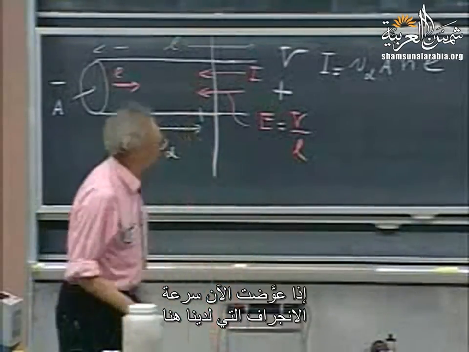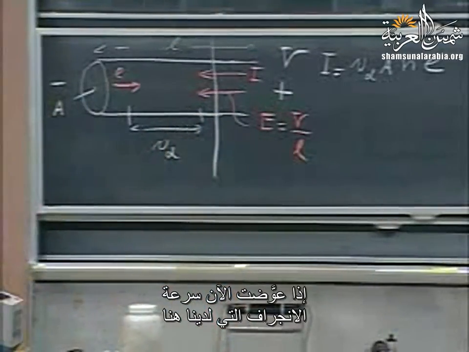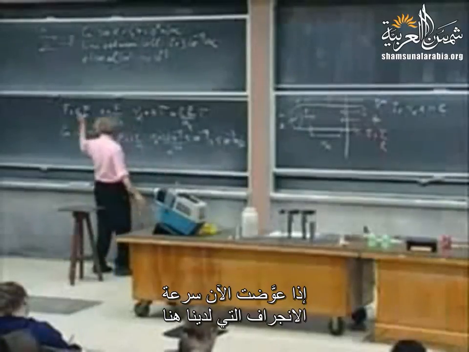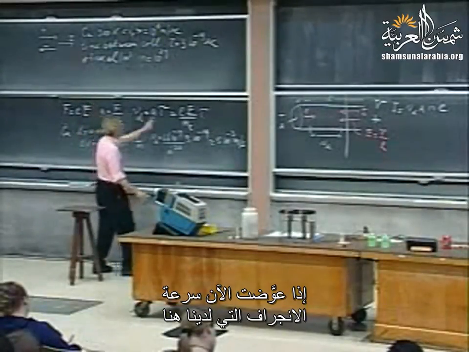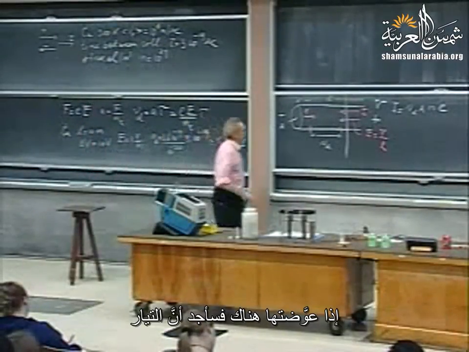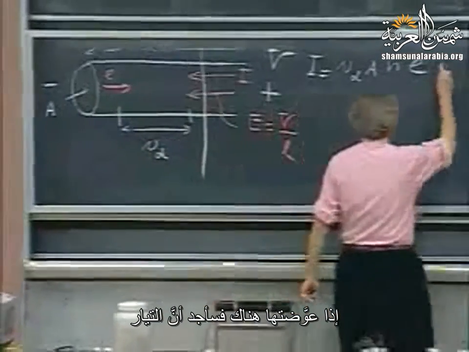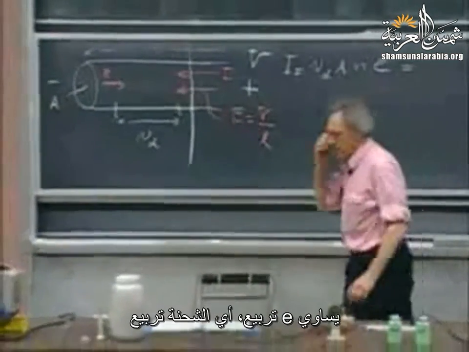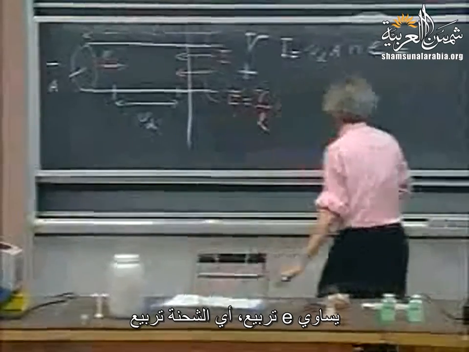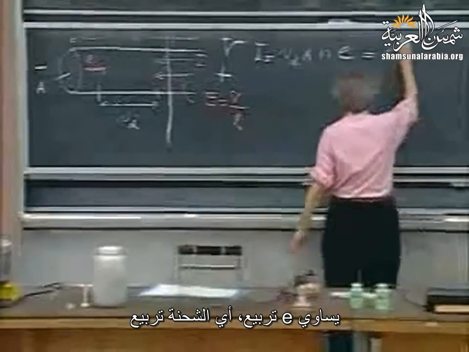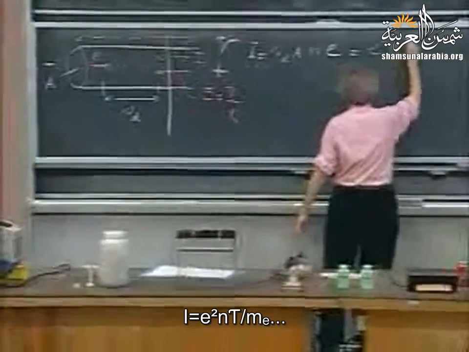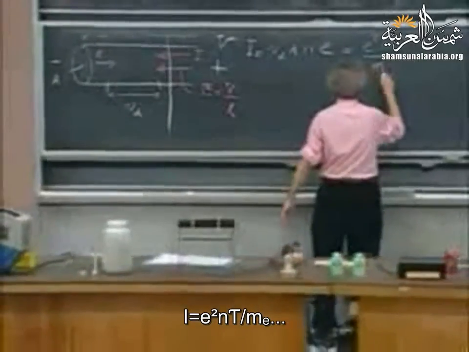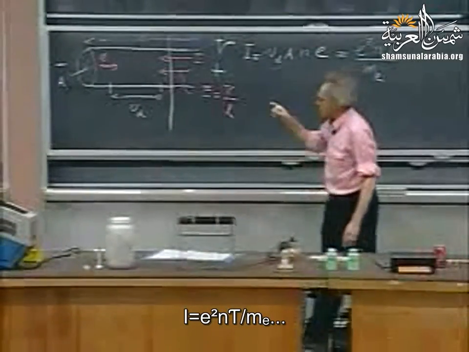If I now substitute the drift velocity, which we have here, I substitute that in there. So then I find that the current, I get E squared, a charge squared. I get N. I get tau. I get downstairs the mass of the electron.